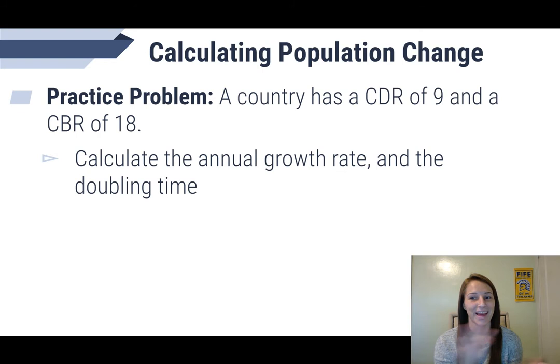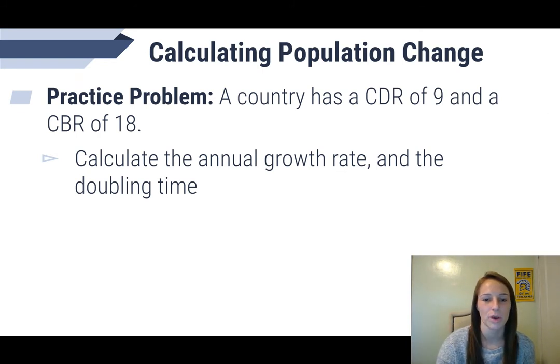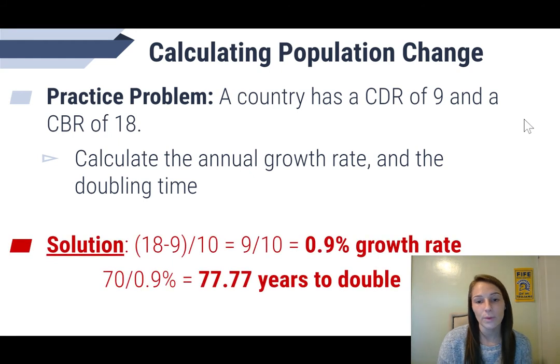Okay, so I'm hoping that you paused it so that you can compare the answer that you got to what I'm going to show you. So the way that we would calculate this, remember, you do the birth rate minus the death rate divided by 10 to make it a percentage. So we would do 18 minus 9 divided by 10, which is going to give us a growth rate of 0.9%.